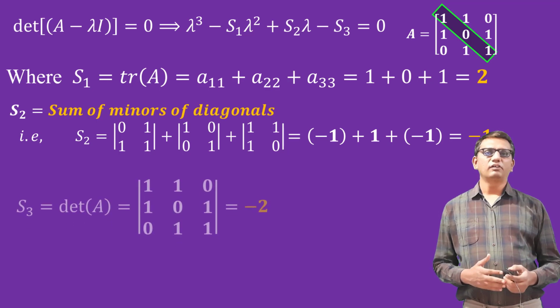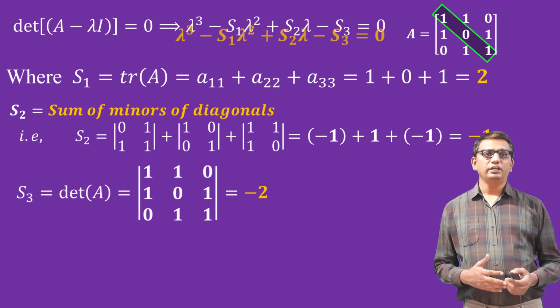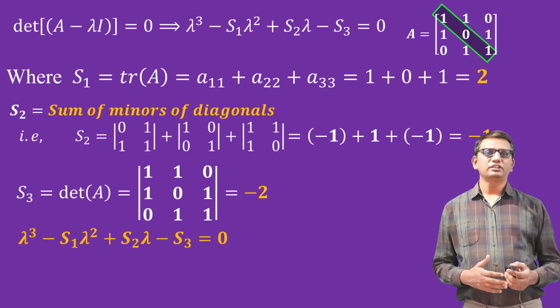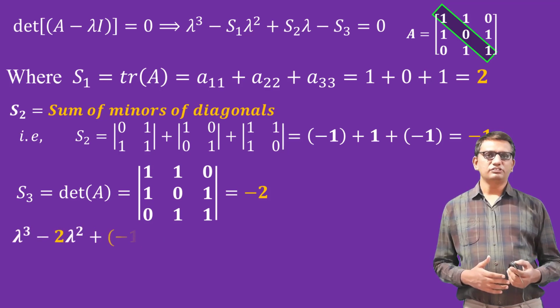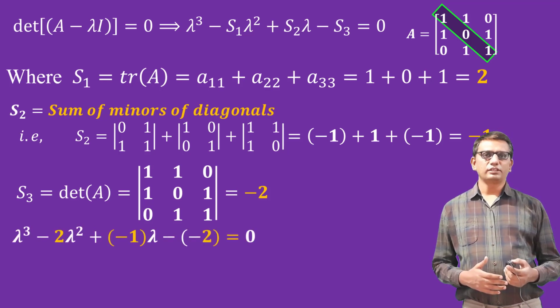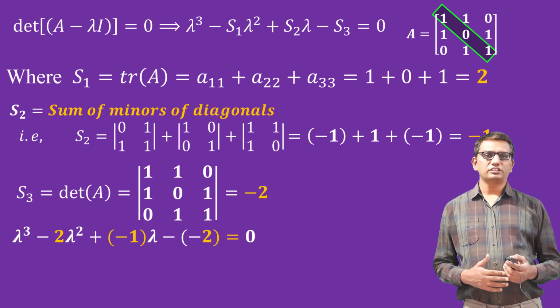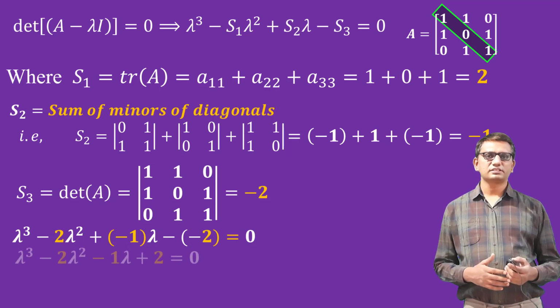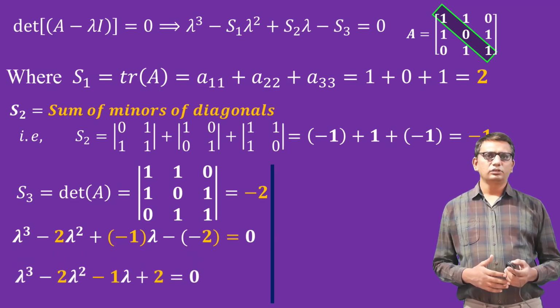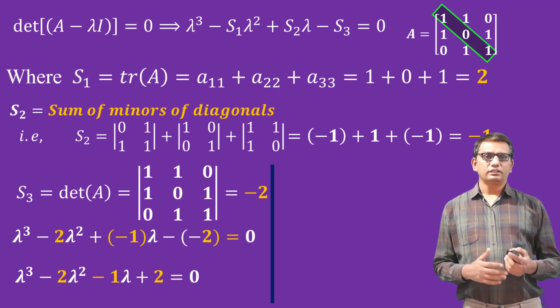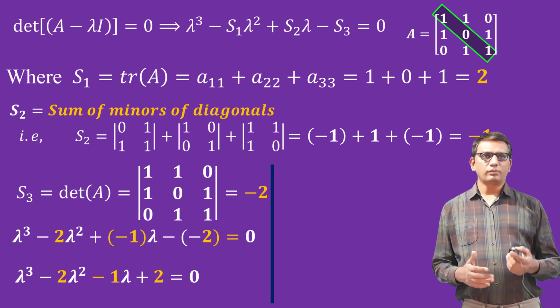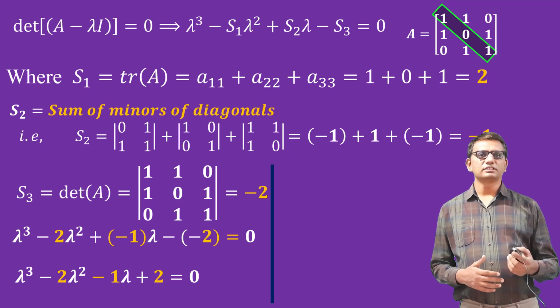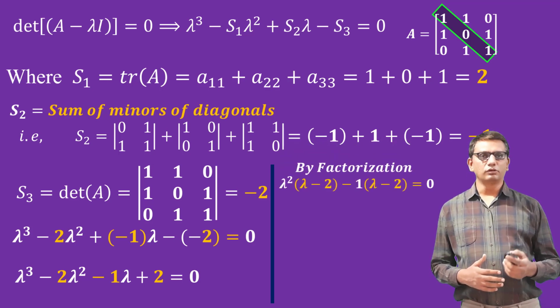So finally our S2 is minus 1, and the determinant of this matrix, S3, is equal to minus 2. So our characteristic equation, written properly, is lambda cubed minus 2 lambda squared minus lambda plus 2 equal to 0.